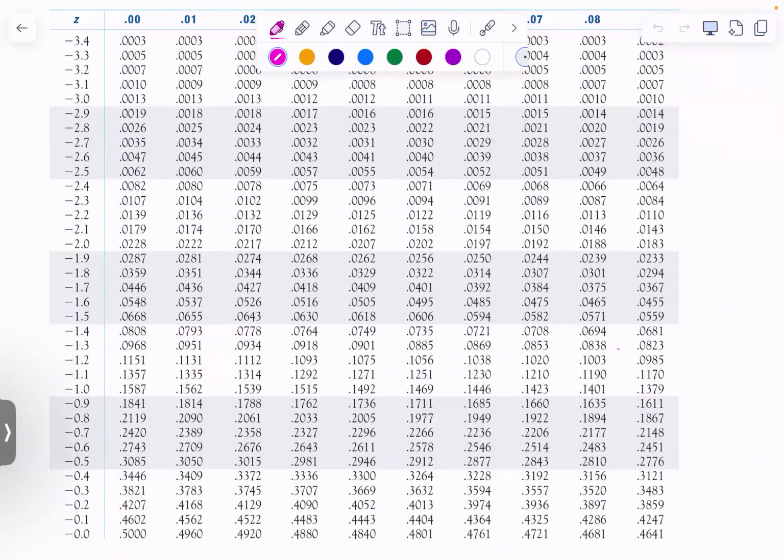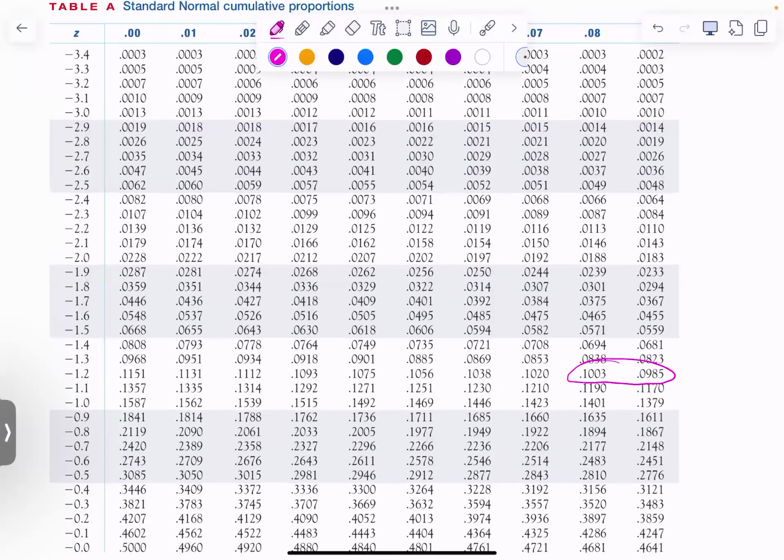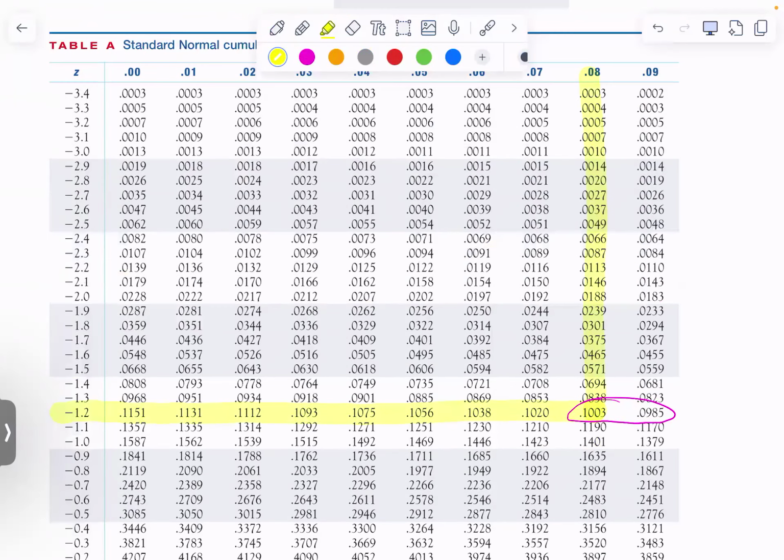It looks like I'm choosing between these two values. And one of them is 3 away and one of them is 15 away. Same as before, makes sense. So then I'm gonna go for the 0.1003, but it also corresponds to the same Z, but a negative version, right, by symmetry. So it doesn't matter how you find it.